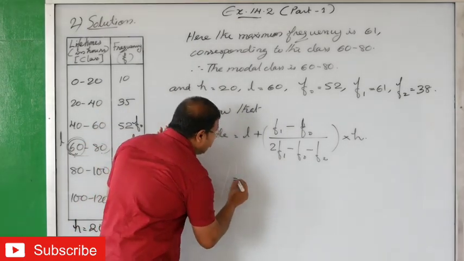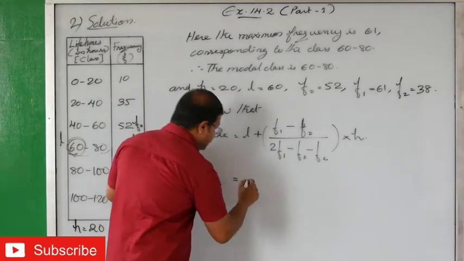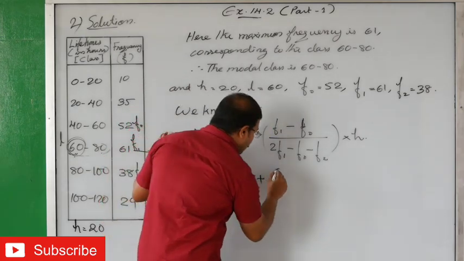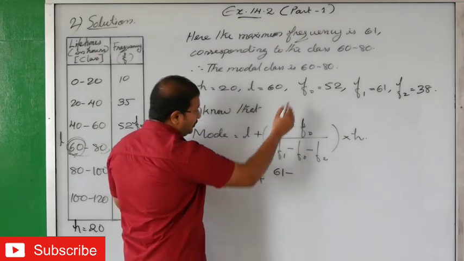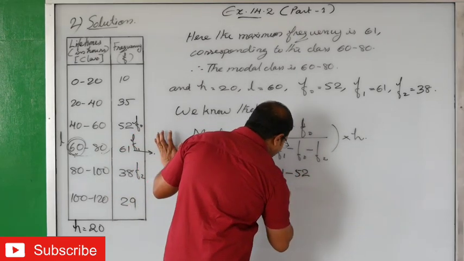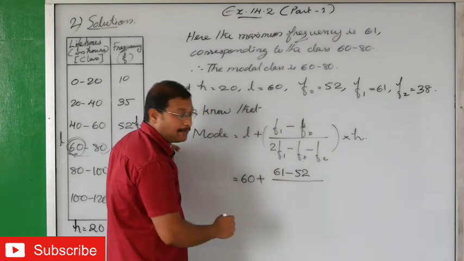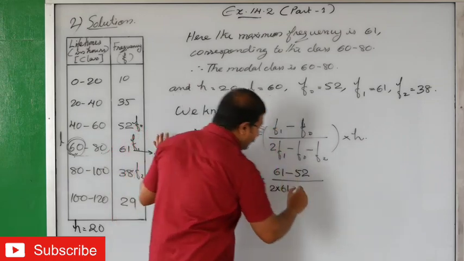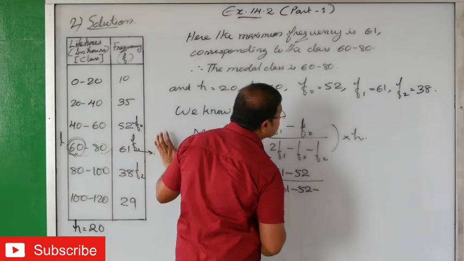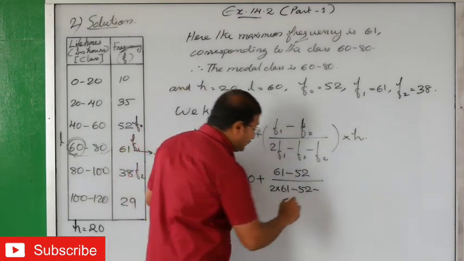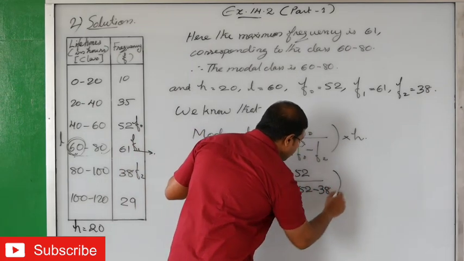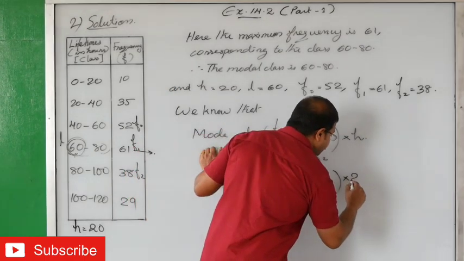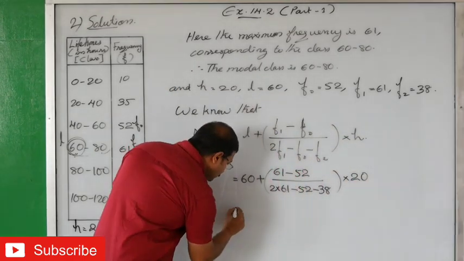This equals, the value of L is 60, so 60 plus f1 61 minus f0 52, divided by 2f1, that means 2 into 61, minus f0 52, minus f2 38, into, what is the value of h? 20. Now what will we do? We'll simplify.